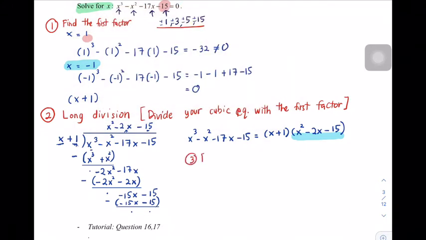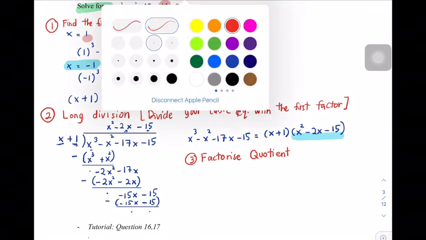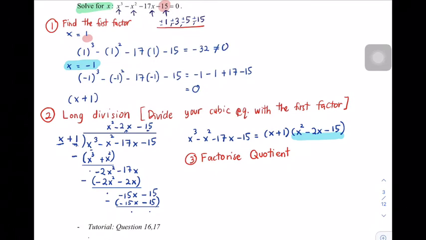Okay, so you have to factorize the quotient. How do you factorize the quotient? Simple. You can use butterfly, or if you are comfortable with completing the square or formula, you can use that. Okay, so I show you using butterfly.